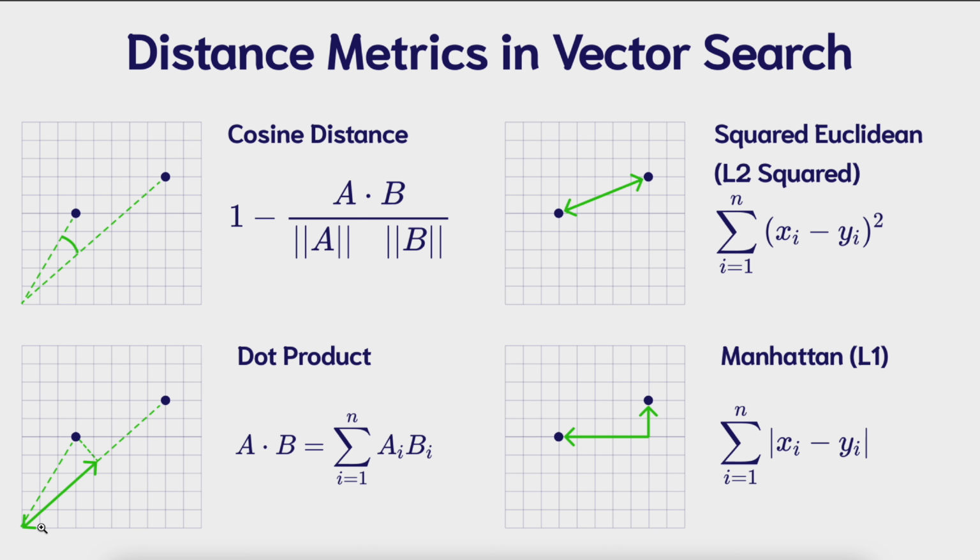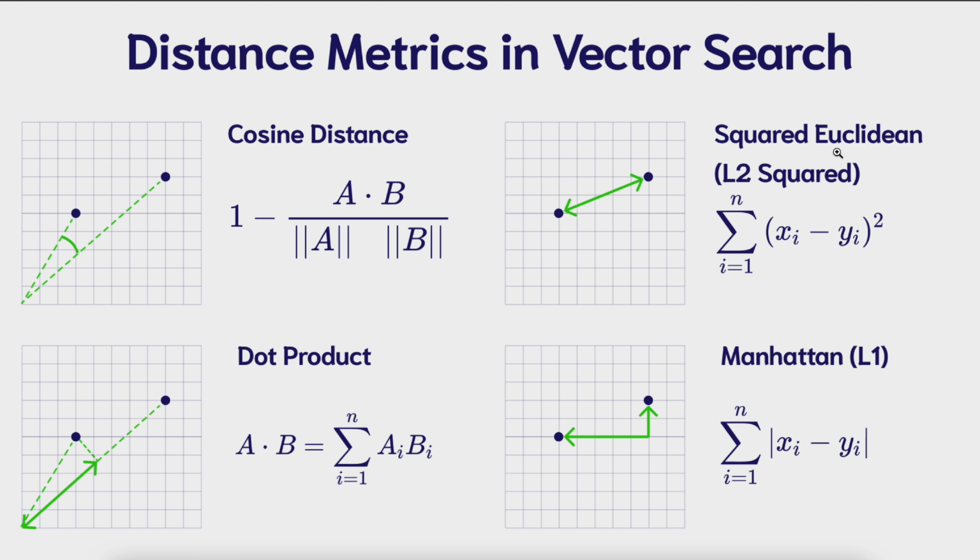Dot product is the foundational way through which you can evaluate similarity, and everything else is built upon it. As you can see, even in cosine distance, you're actually using a dot product.